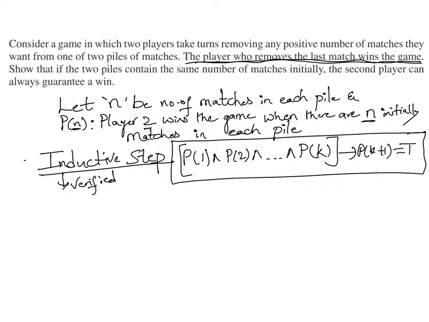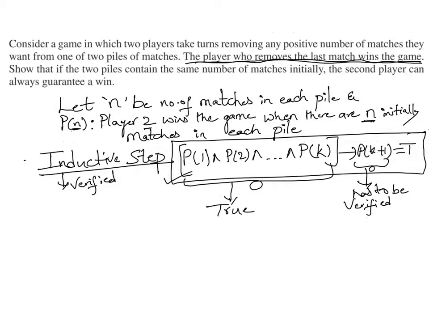To show this particular implication as true, what do we need to do? We need to assume this particular thing as true and this thing has to be verified as true.